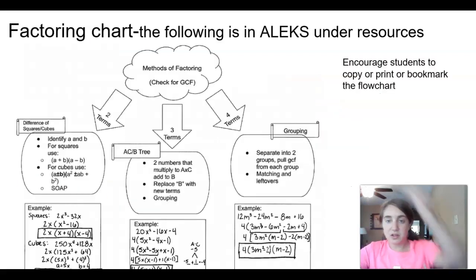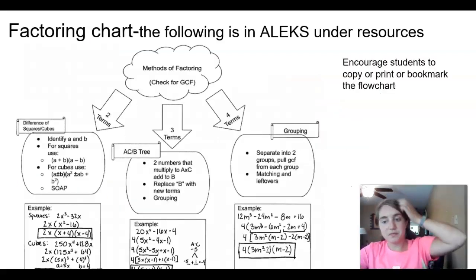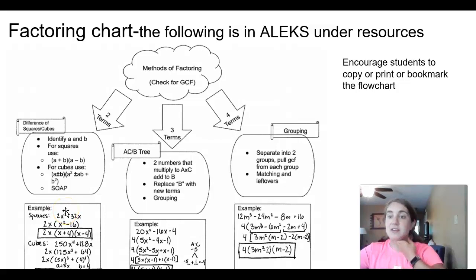Okay, moving on, you're going to need the factoring chart that we've been referring to. It's in Alex under resources. Go ahead and find that because we will need it coming up.